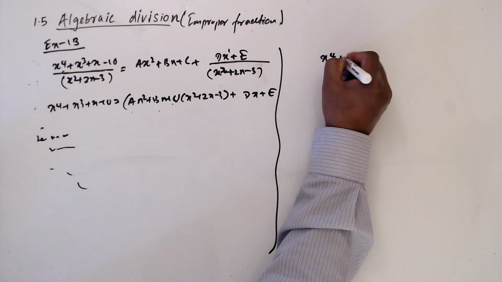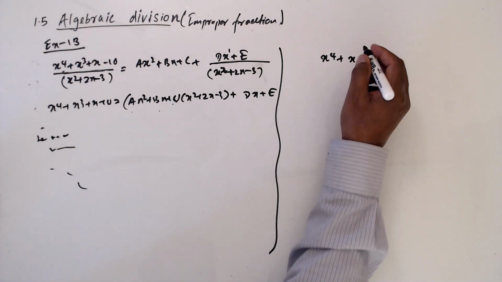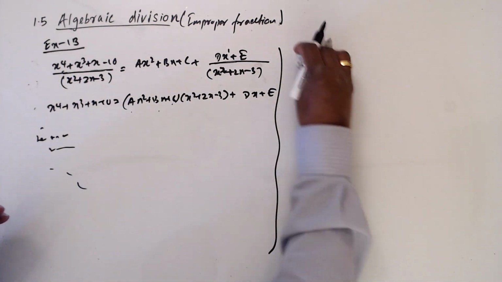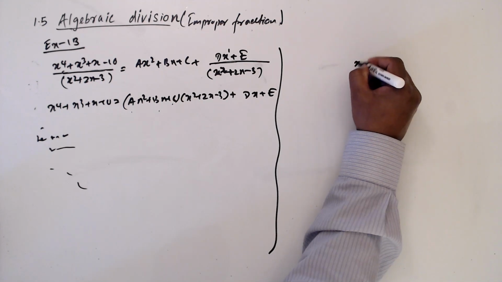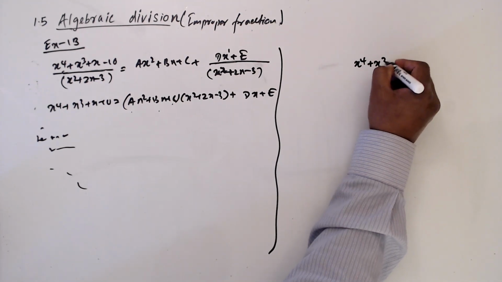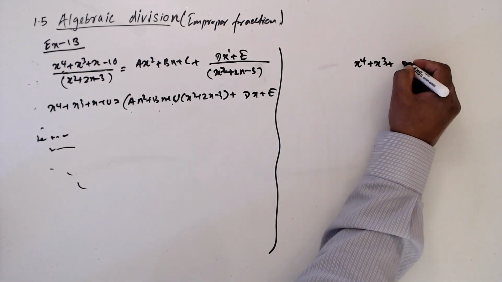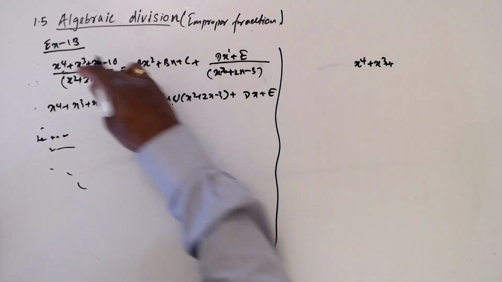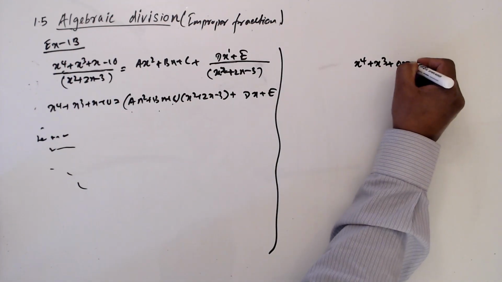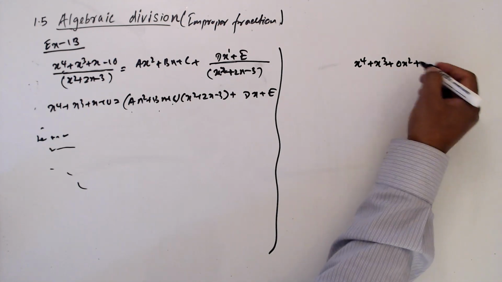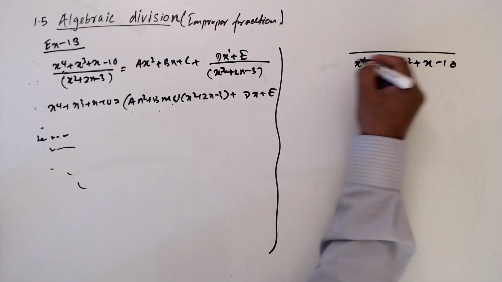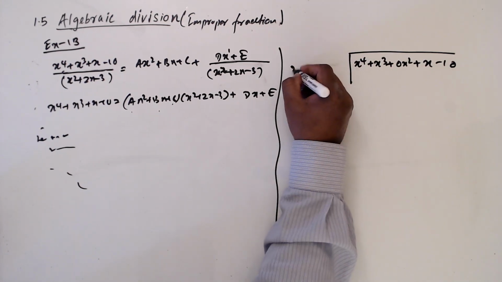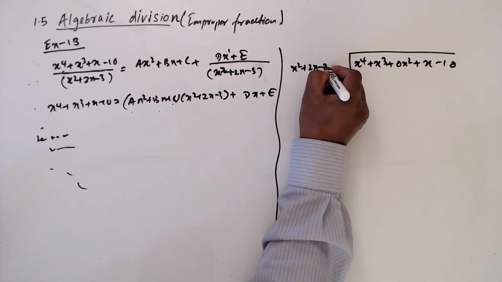So x4 plus x cube plus, x square is missing, so I will write 0 x square plus x minus 10, divided by x square plus 2x minus 3.